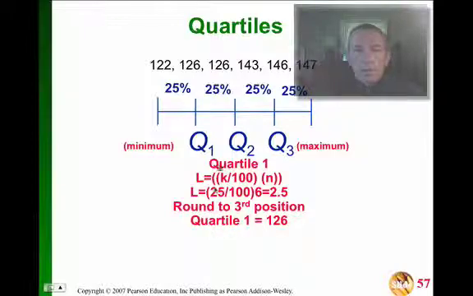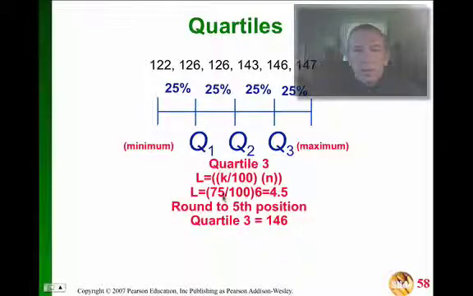Quartile 1: 25 divided by 100 times 6 is 2.5. When we get a decimal, no matter if it's 2.1, 2.2, 2.3, we simply round it up to the next position. Quartile 1 equals 126. 25% of the data will be below quartile 1.